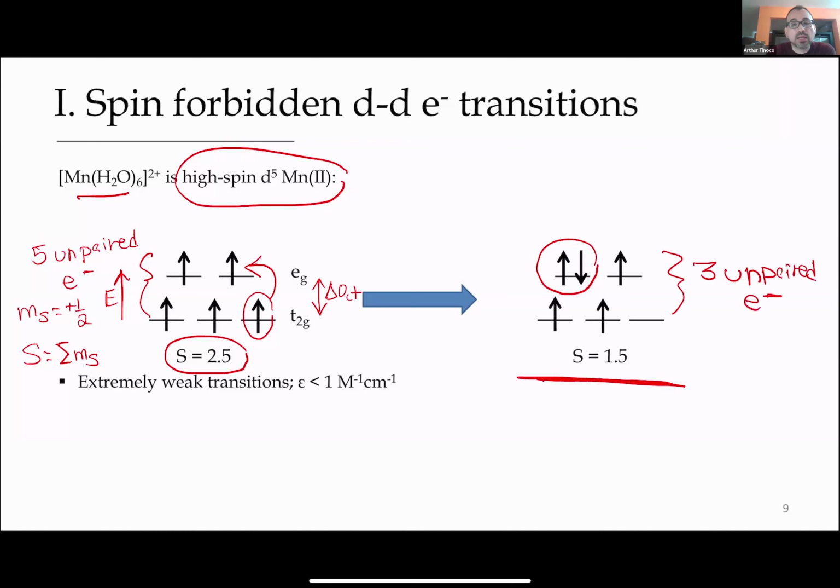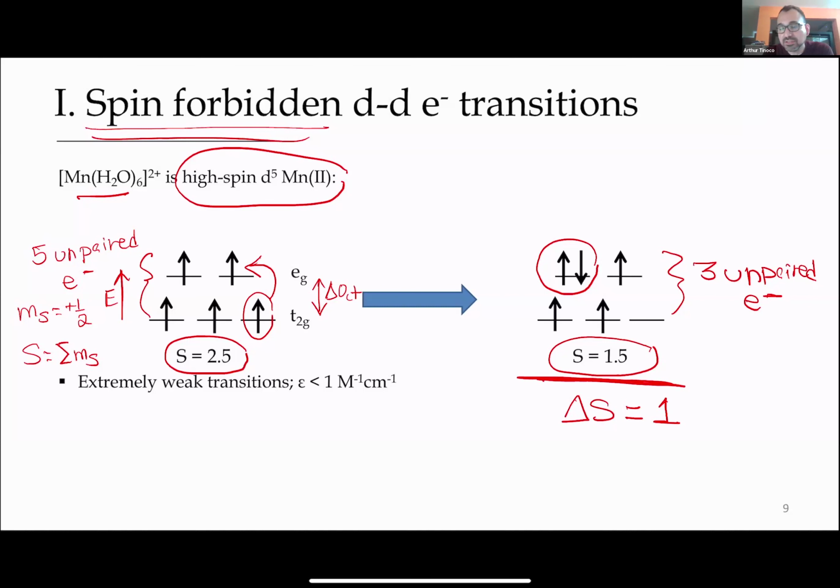As a consequence, when we calculate the overall spin of the system, now this spin is S equals 1.5. So we now have a delta S that is 1. And according to the spin rule, you cannot have a change in spin. So that is why this particular transition is spin forbidden.